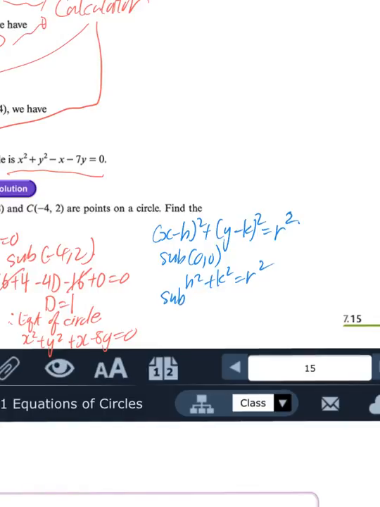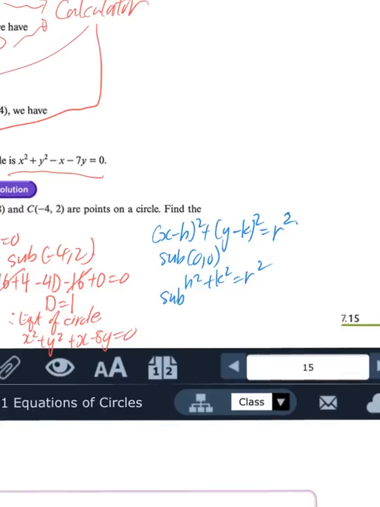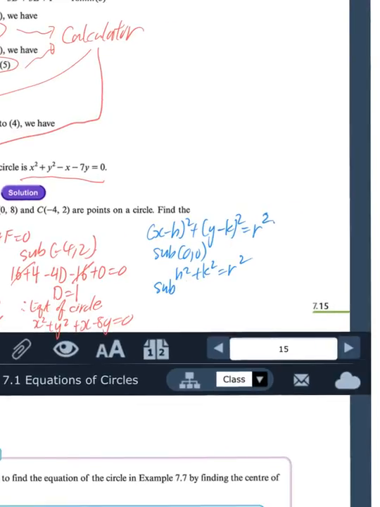If you substitute the second point (0, 8), you will get h squared plus (8 minus k) squared equal to r squared. And then substitute the last point (-4, 2), you will get (-4 minus h) squared plus (2 minus k) squared equals r squared.